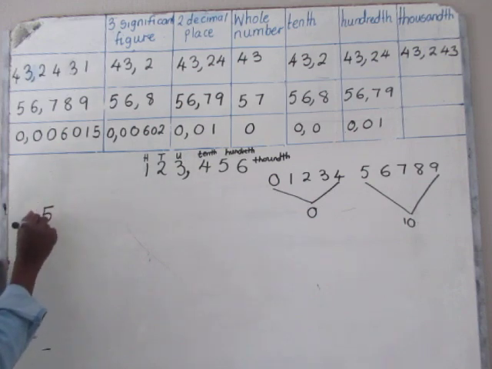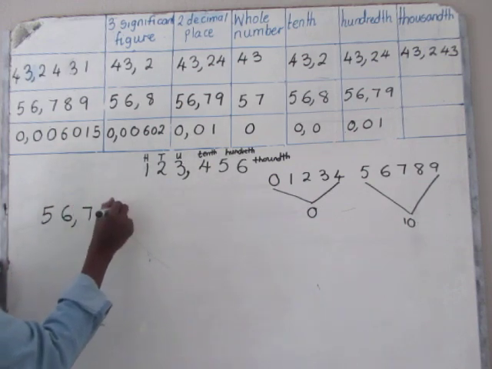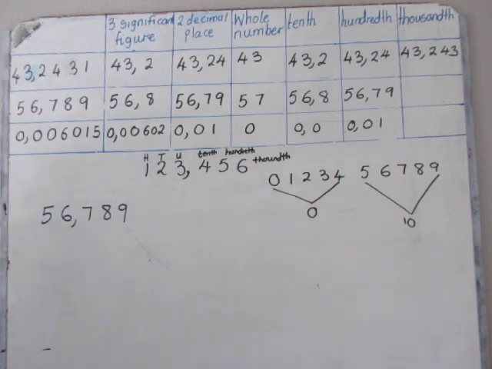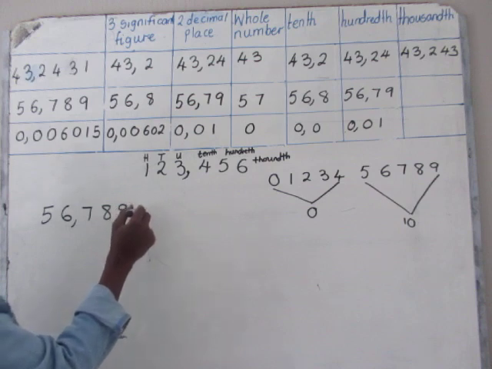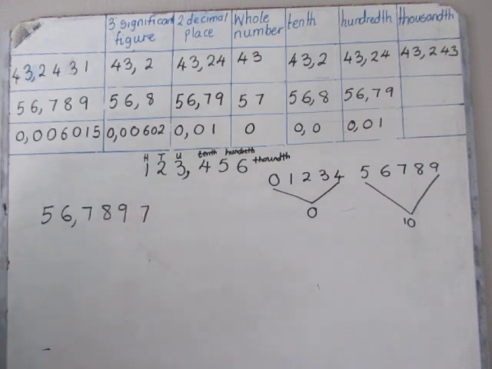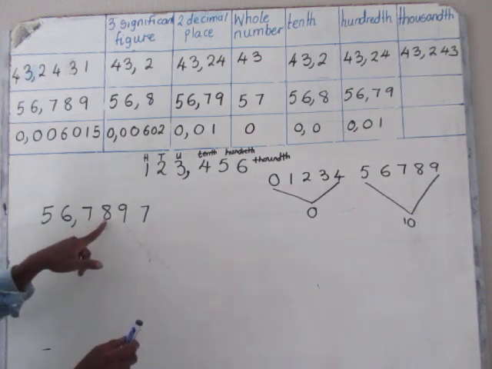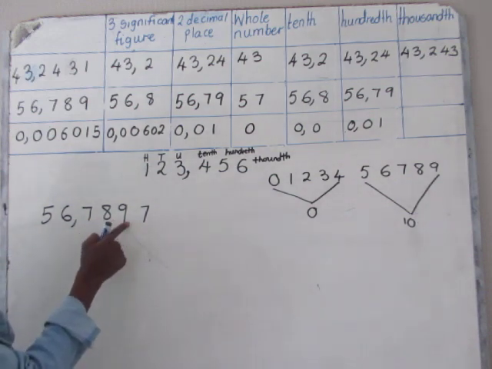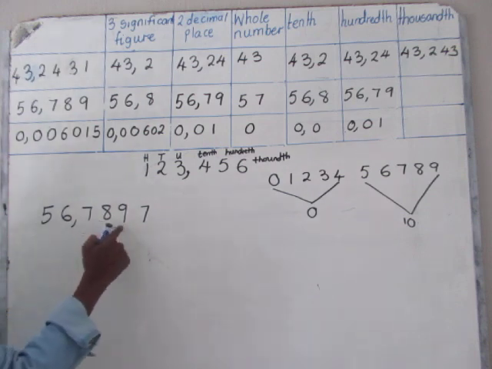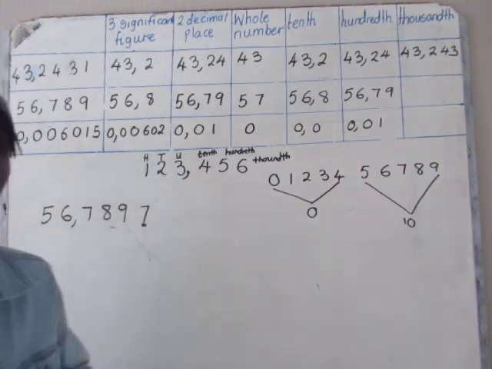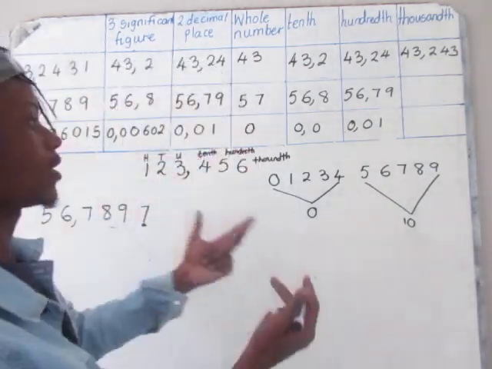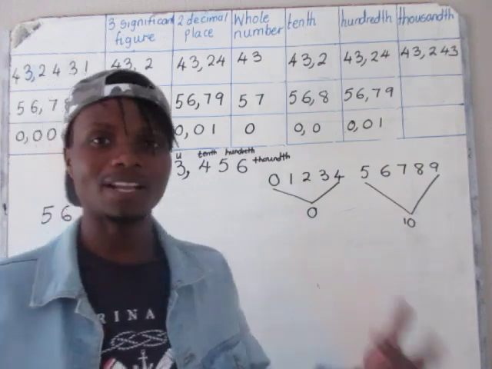Rounding 56.789 to the nearest thousandth. I'm just going to add another number here. Let me just say 7 in this case. So rounding to the nearest thousandth, we need tenth, hundredth, thousandth. So this is what we need. So we look at the number immediately after the thousandth, which is 7, isn't it? Does 7 round up or down? 7 is going to round up to 10. So we say plus 1.